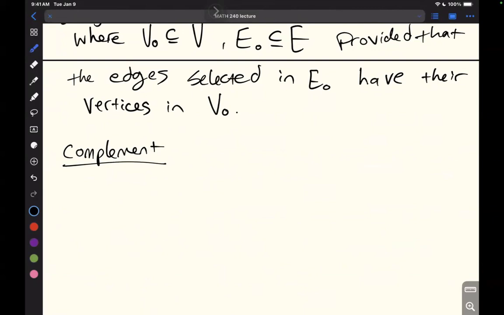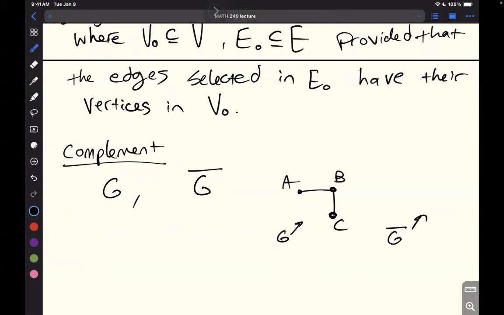The complement of a graph is, if we have a graph G, the complement is written G with a line over it. Let's consider something relatively simple. Let's consider this to be my G. The complement is basically anything that is in my graph currently is not going to be there. Every edge that's in there won't be there.